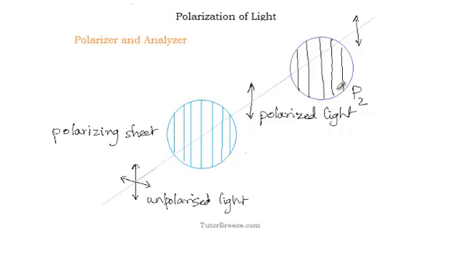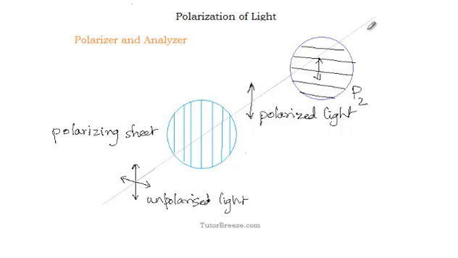Now suppose we rotate the second Polaroid and we bring it in a position so that its polarizing direction is completely perpendicular to the electric field of the incident light, which means, let's say it is in this direction, which is completely perpendicular to the incident light in this direction.